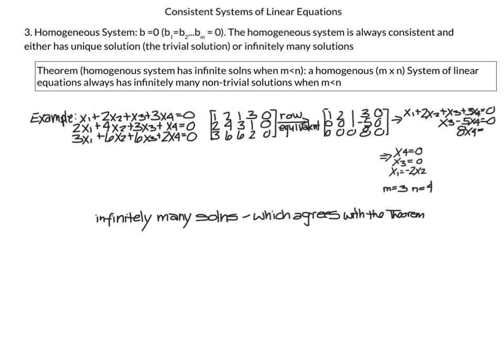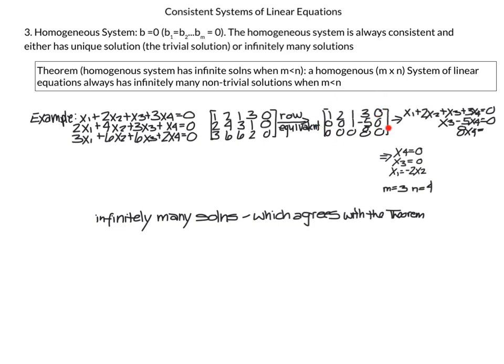And this matrix is row equivalent to, so I'm not going to do all the row operations, but it's row equivalent to 1, 2, 1, 3, 0, 0, 0, 1, negative 5, 0, and 0, 0, 0, 8, 0.